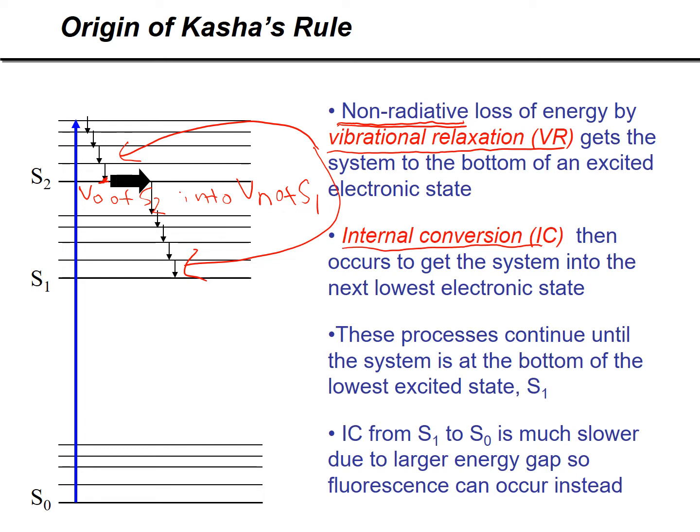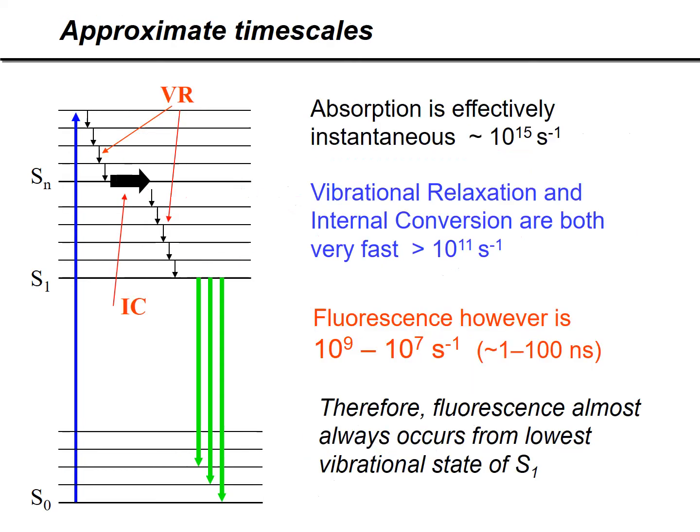Now, the energy gap here is much bigger between S1 and S0, so internal conversion and vibrational relaxation are not as efficient, and this means that fluorescence can occur. So let's have a look at these approximate timescales. Absorption is effectively instantaneous.